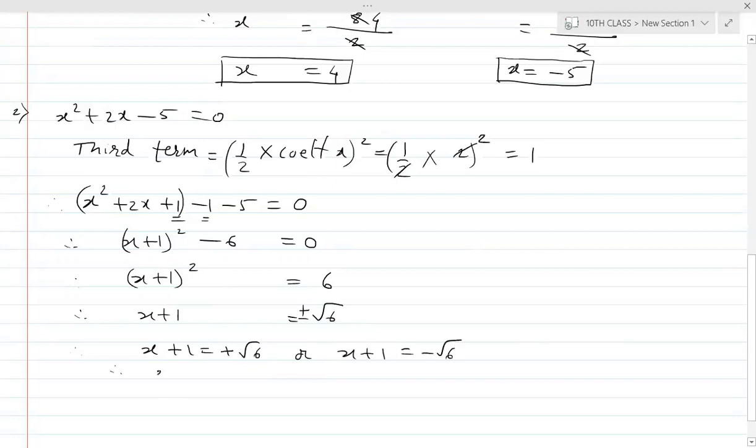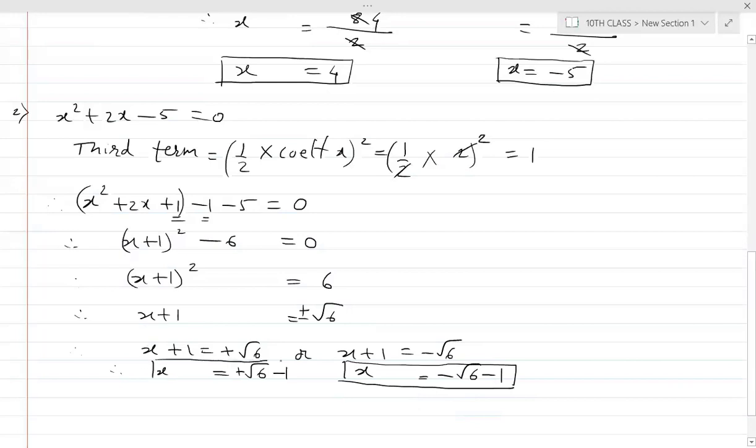So therefore I got the value of x as plus root 6, here plus 1, on the right side it becomes minus 1, here minus root 6 as it is, plus 1 becomes minus 1. So thus we got two values of x: x equals root 6 minus 1 and minus root 6 minus 1.